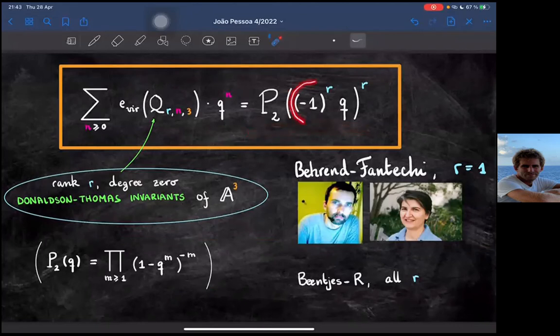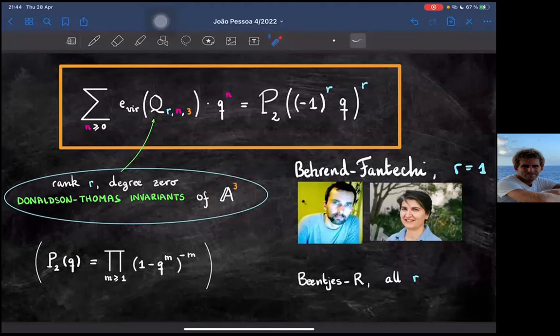But it's signed, so I don't have the usual variable. I have (-1) to the rank times the variable, and the whole thing is raised to the power r. So remember, this P2 is the generating function of plane partitions. And these numbers, these virtual Euler characteristics, are called the rank r degree 0 Donaldson-Thomas invariants of affine space.